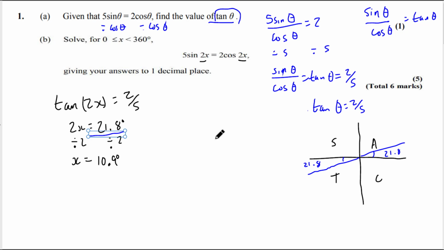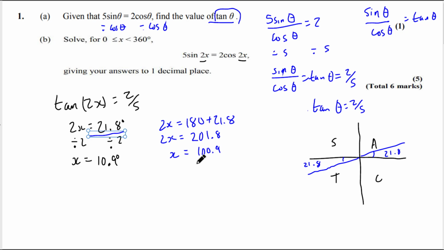So the next coordinate would be 2x equals 180 plus 21.8. So 2x equals 201.8. We divide that answer by 2, so we get x equals 100.9. That's another solution.